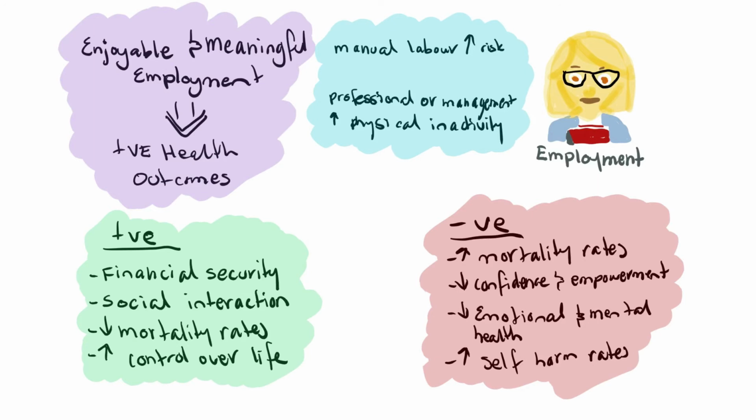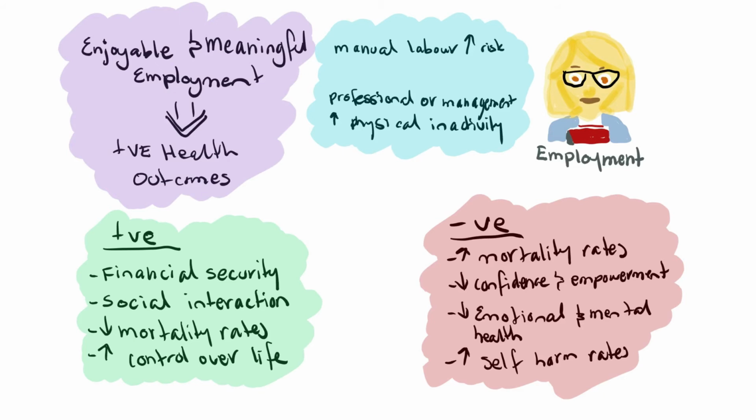So in relation to employment, that can sometimes be a negative impact on their health because they are exposed to increased levels of risk compared to people in professional, managerial or clerical roles who don't have that level of risk, but on the other side are exposed to increased rates of physical inactivity, where they're sitting at a desk all day, often in an air-conditioned space with no natural light. So you can see how different types of employment can actually have an impact on our health as well.